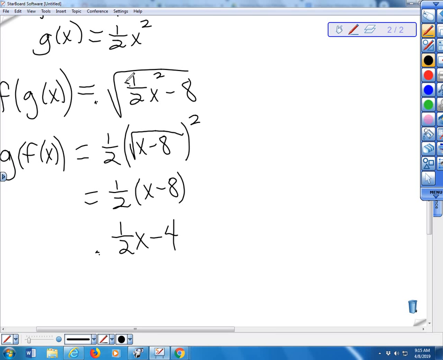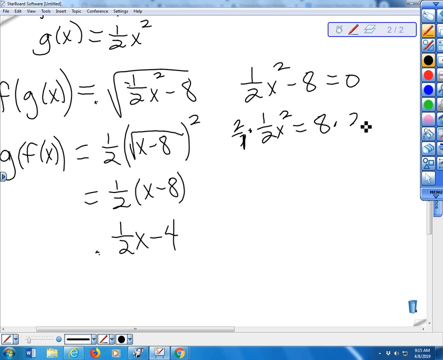So I take 1/2 x squared minus 8, set it equal to 0, and multiply by 2. So it can't be positive 4 and it can't be negative 4. That's where it's equal to 0.